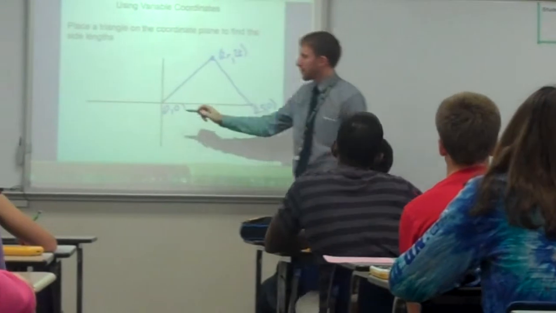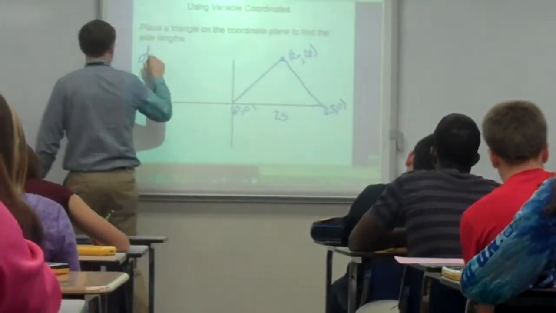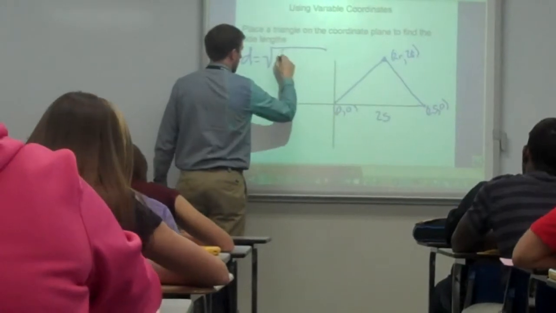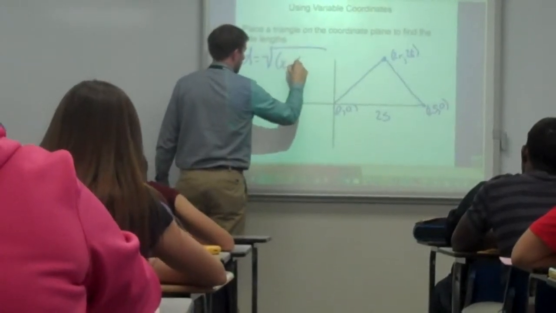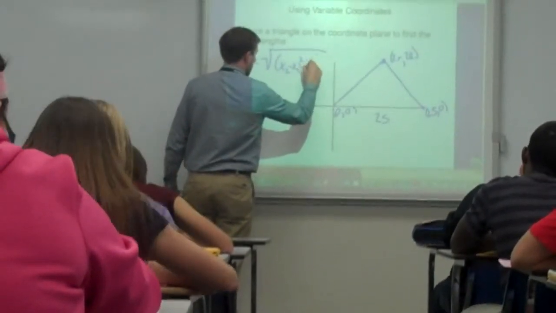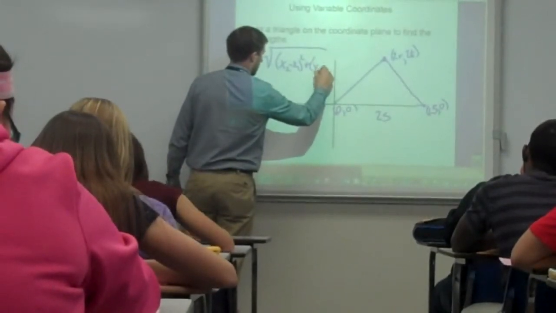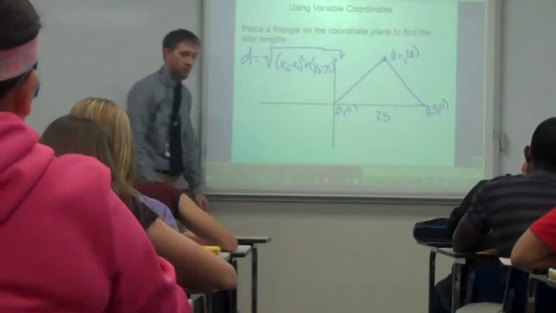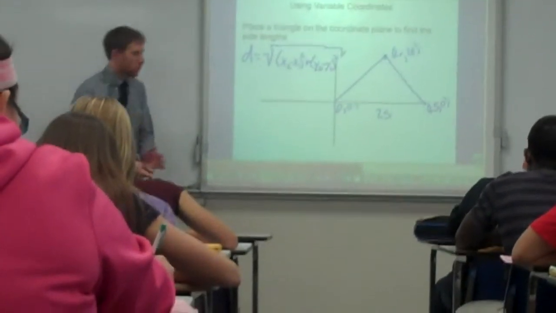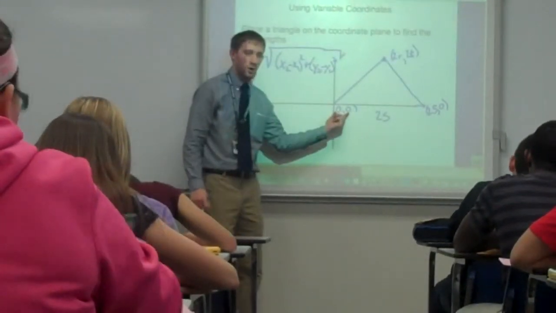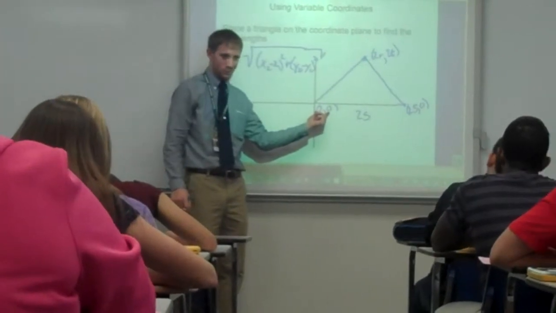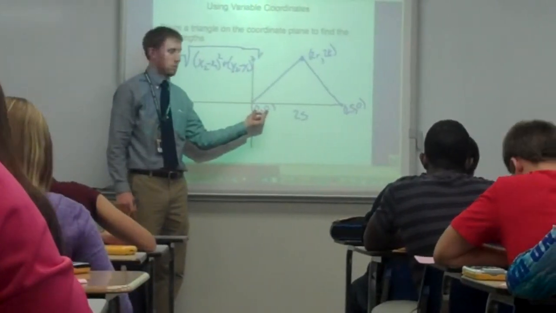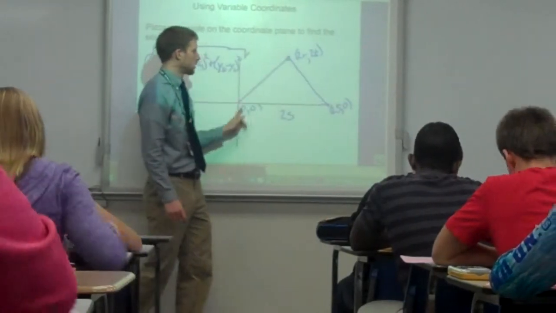So what is our distance formula? Let's write that down real quick. D equals the square root of x2 minus x1, squared, plus y2 minus y1, squared. Okay, that's our distance formula. We have to start with handy dandy zeros, so that's going to be really nice. So what is this distance going to be?